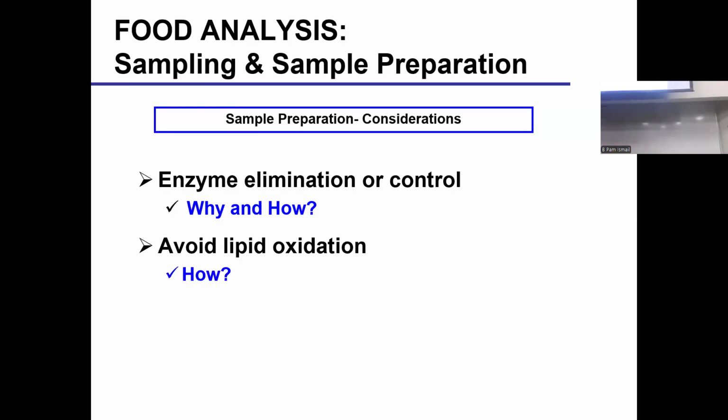You flush it with nitrogen, so nitrogen replaces the air that has oxygen, and you close. And you want to make sure you use containers that are not permeable to light. So avoid air, avoid light, avoid heat. Sometimes you add antioxidants as well if it's really important for the evaluation that you're making.